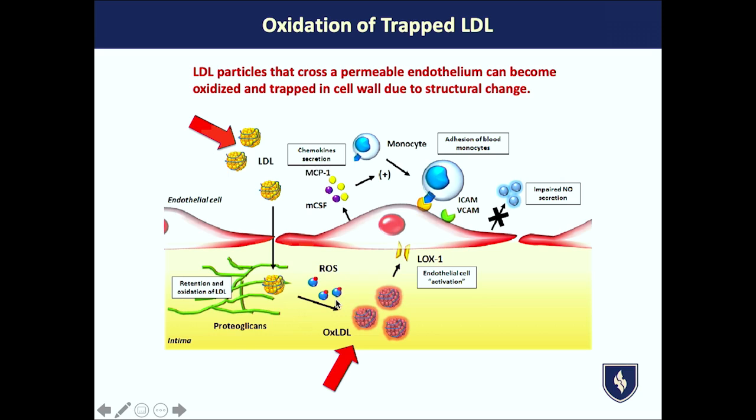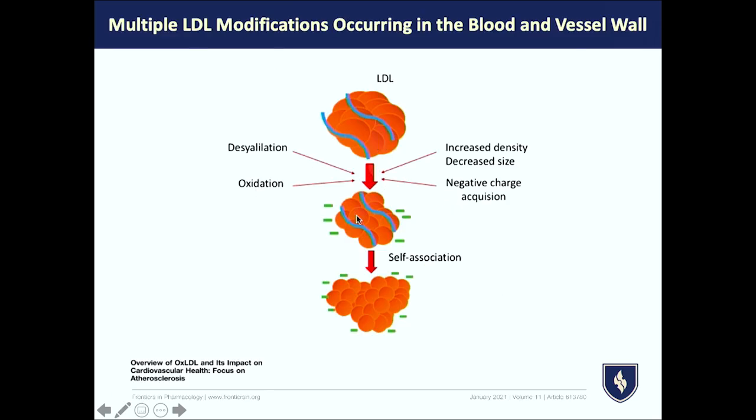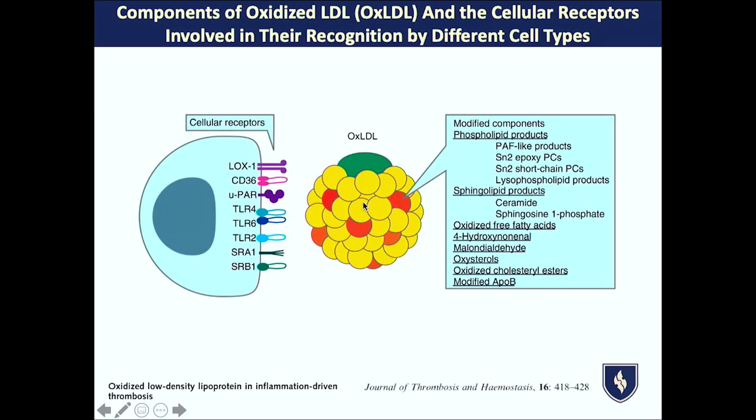And then this oxidized LDL, you can see it change structure. They become modified, glycated or oxidized. Their structure changes. And once they become oxidized LDL, there are receptors that can bind to them that are very inflammatory.